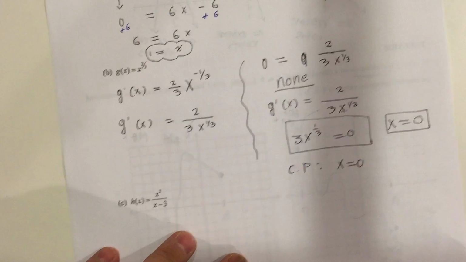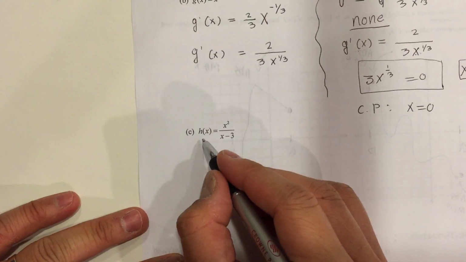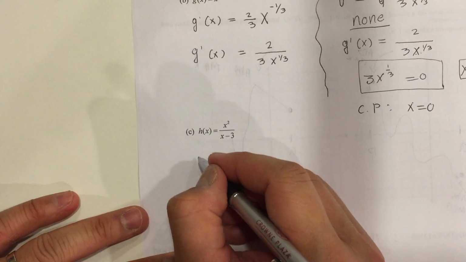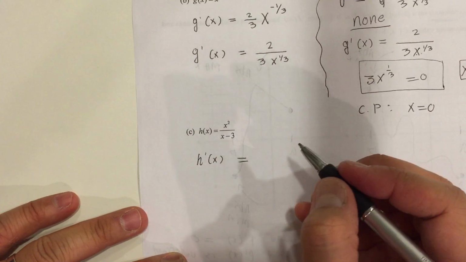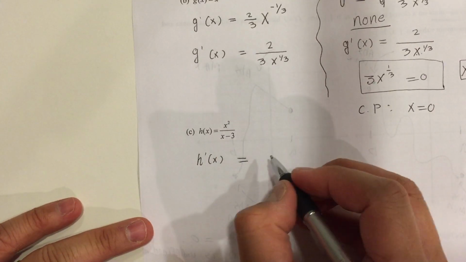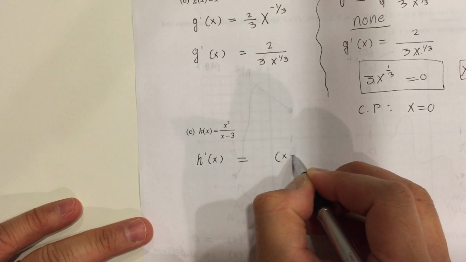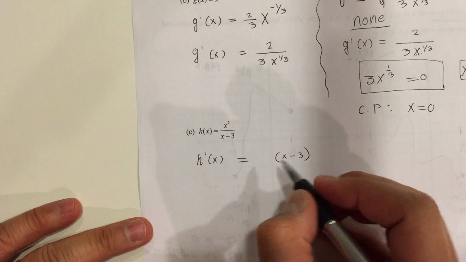Okay. Awesome. Part C, find the critical point of this function. Start by finding the derivative. We are going to have to use quotient rule here. So low. Notice that low has two terms, so I put it in parentheses.